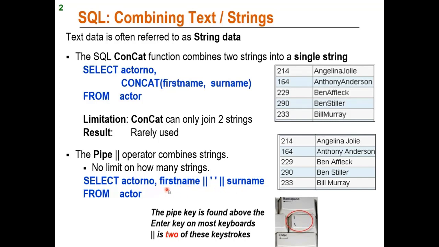I use the first name column, then two pipe symbols, and then a space shown with two single quotes, and then again two pipe symbols and the second column, right? So the output now looks like this. It's more meaningful than the first one.